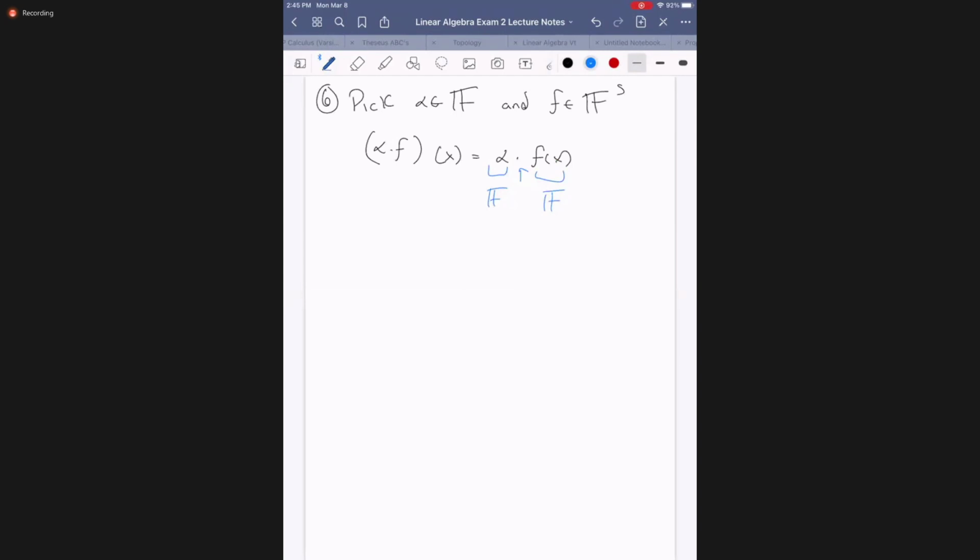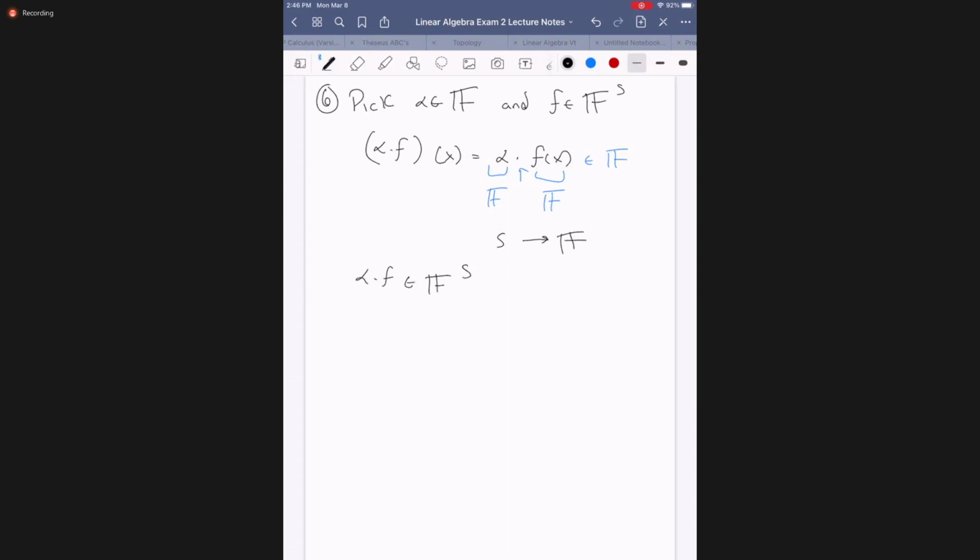So this thing also lands in F. So this thing entirely just goes from S to F. That means alpha times f is in this set as well. So it's closed under scalar multiplication.